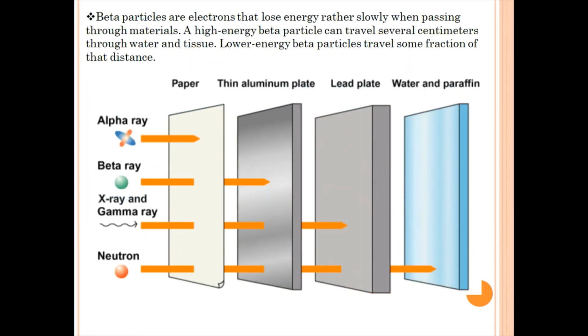Next one, beta particles. Beta particles are electrons that lose energy rather slowly when passing through materials. A high energy beta particle can travel several centimeters through water and tissue. Lower energy beta particles travel some fraction of the distance.